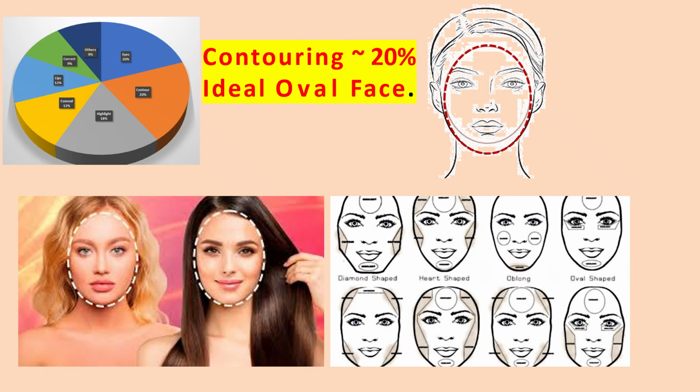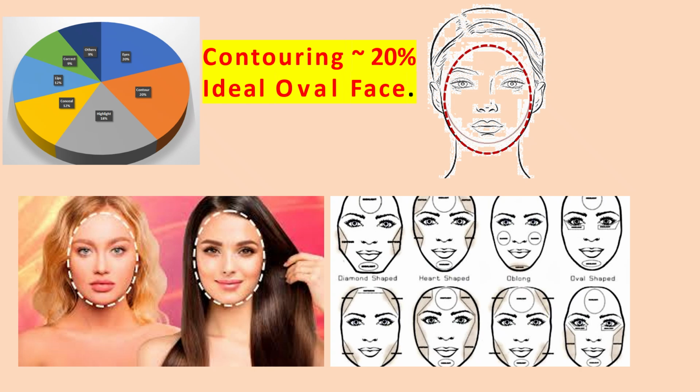You will never be able to do it exactly. Definitely not in the way I've shown in the pictures. These are ideal conditions. In actual life, you won't be getting faces according to these types. But you have to go as close to the ideal oval shape as possible.